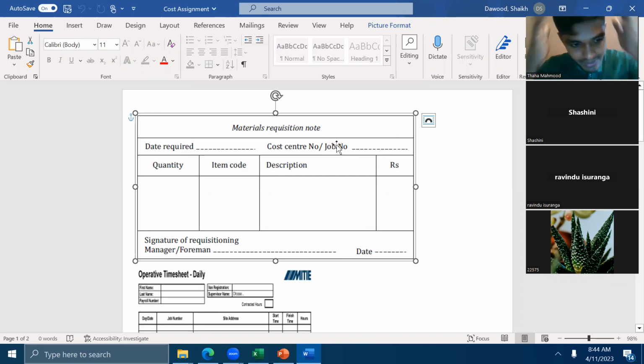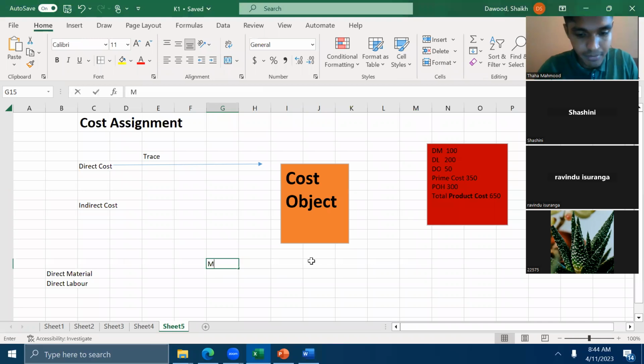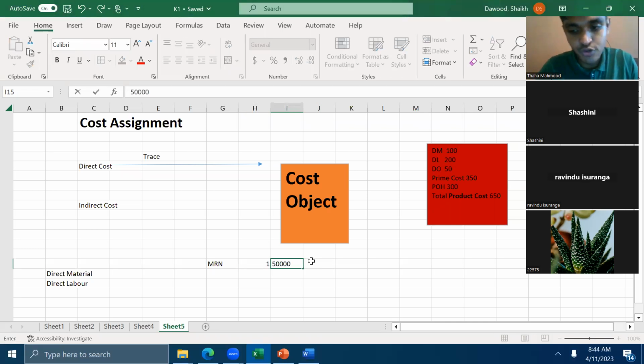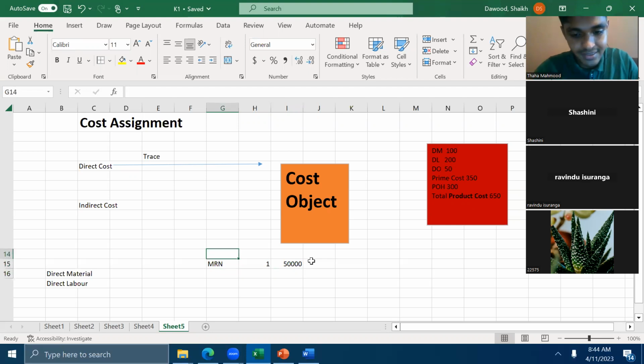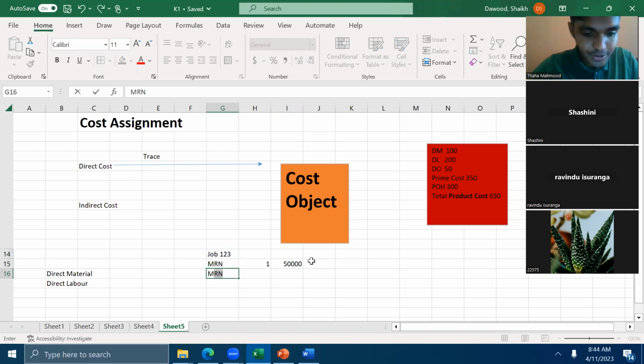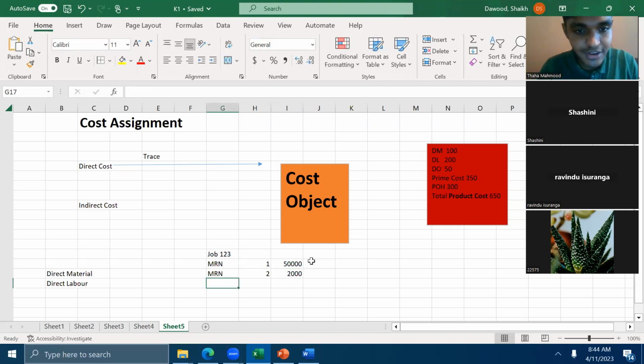We will talk about cost centers when we are studying production. So when we are putting the job number here, after we produce the table, if we take a sheet and say MRN 1, this much, 50,000 worth of wood has been issued under the heading job 123, the job that makes this table. MRN 2 would be 20,000 rupees, let's say 2,000 rupees, for the same job.